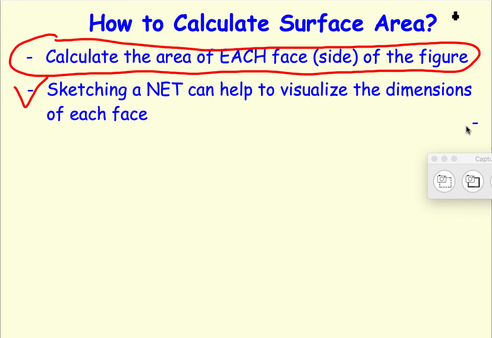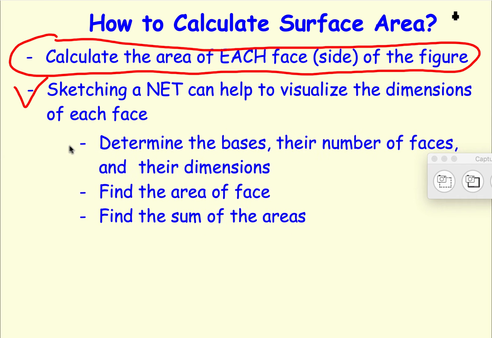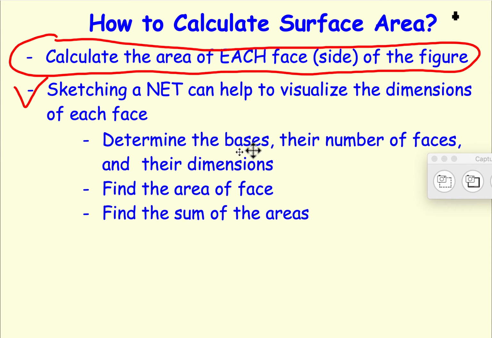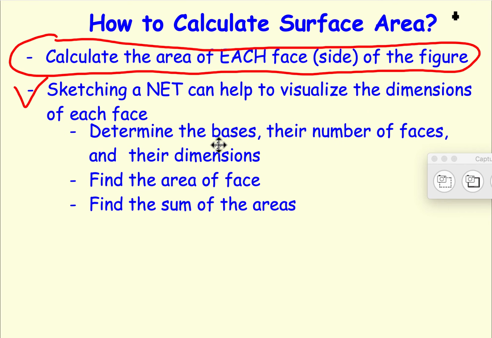Specifically, we're going to have to determine what the bases are. By knowing what the bases are, we know what kinds of formulas we're going to need to calculate the areas of those bases. And then we need to know the number of faces we need.